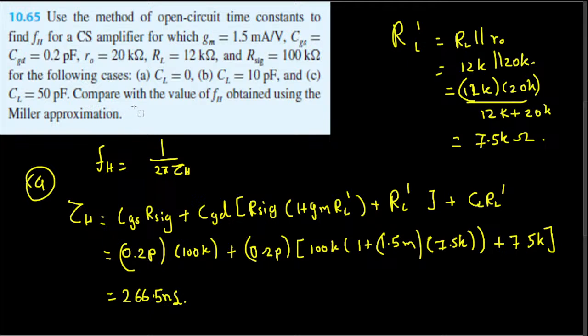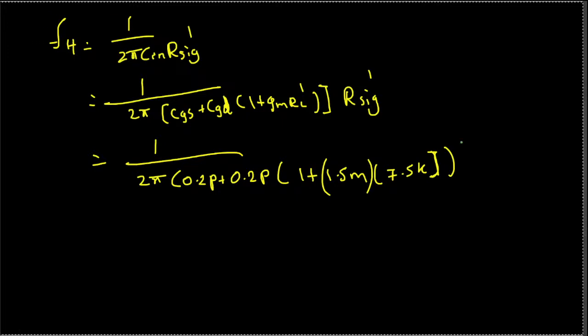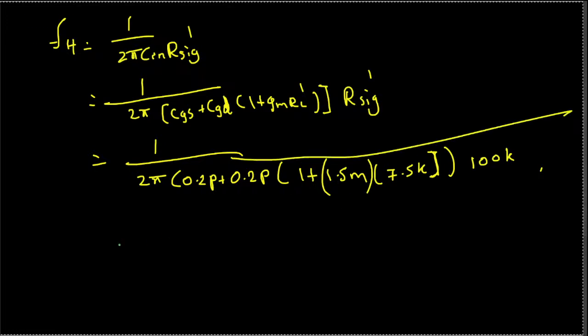And also if they provided beta and gm, you have to calculate Rπ value. But here if nothing provided, then Rsig is the Rsig prime. So in this case the Rsig prime is just 100K. Okay, so once you have all of them, then you have to plug it in and calculate the value, and if you calculate, you're going to get 600 kilohertz value.